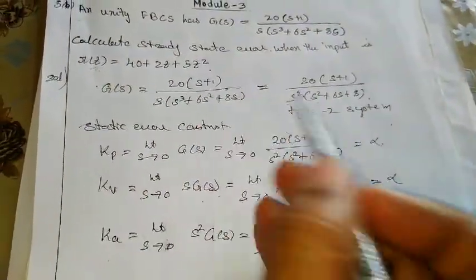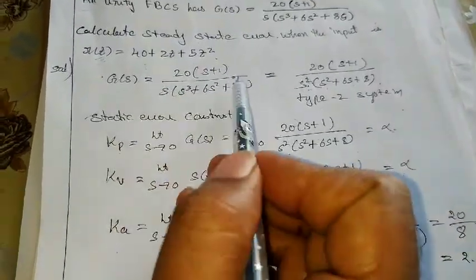Now I'll calculate the steady state error when the input is 40 + 2t + 5t^2.